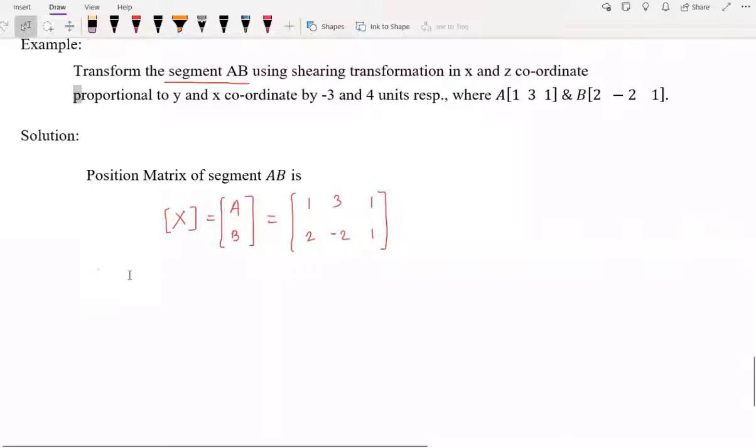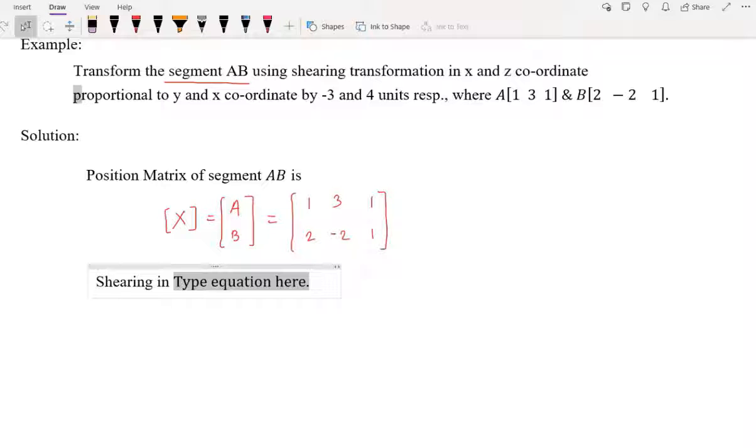The shearing transformation is given in X and Z direction, or Z coordinate, proportional to Y and X coordinate, by -3 and 4 units respectively.